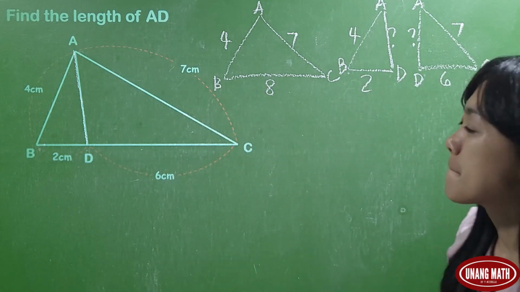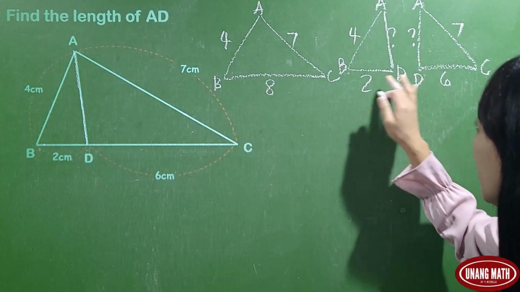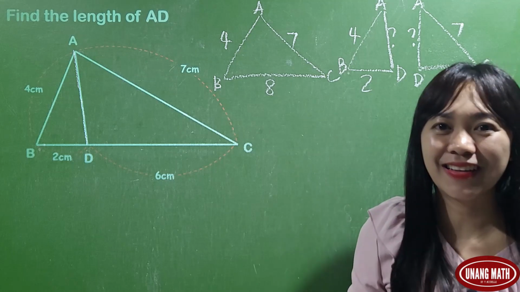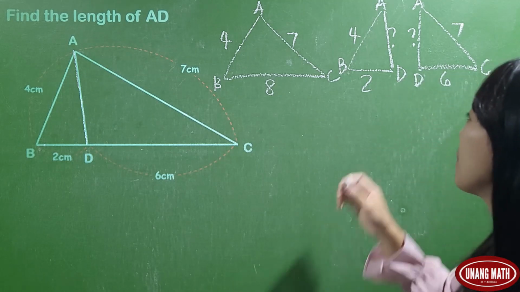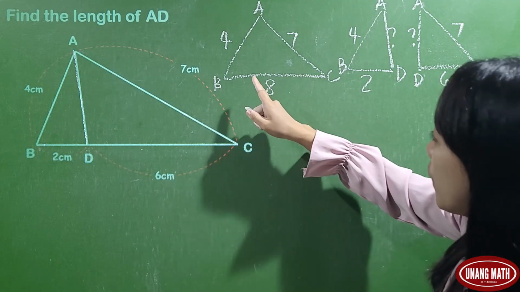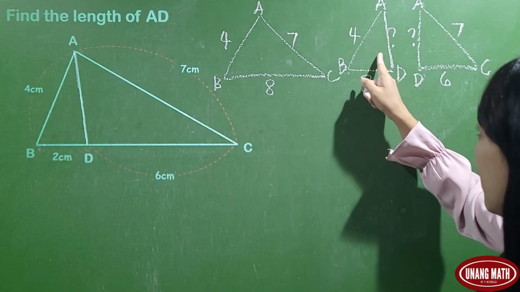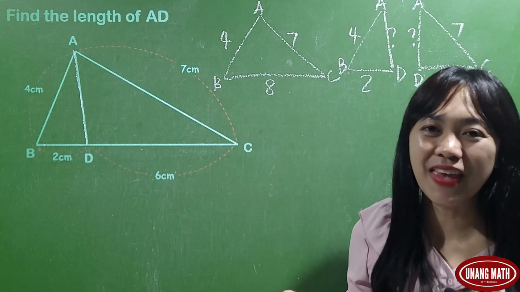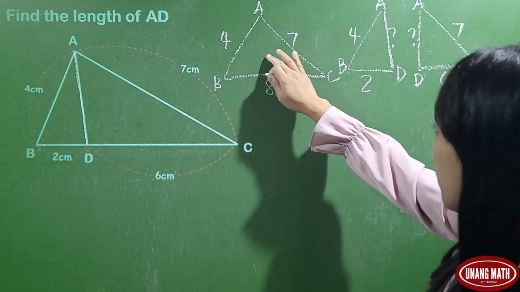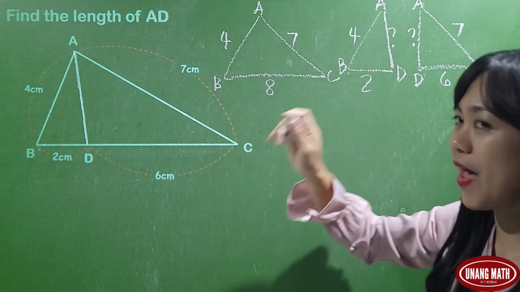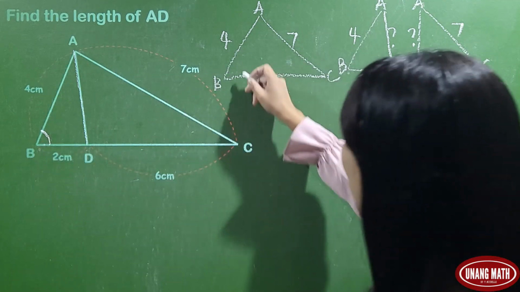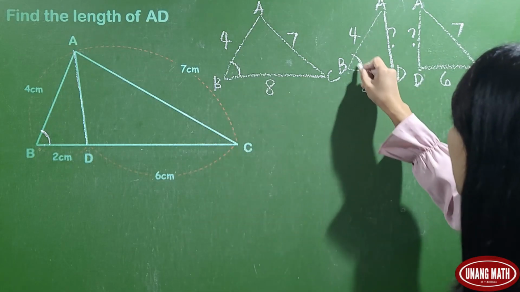In this kind of figure, a figure with smaller figures inside the bigger figure, it means that one of these triangles is similar to the bigger triangle. So we have to find out which among these triangles is similar to the bigger triangle. First, we're going to check this triangle and this triangle. Let's see if these are similar figures. They have a common angle, and that is this angle. So angle B is common.